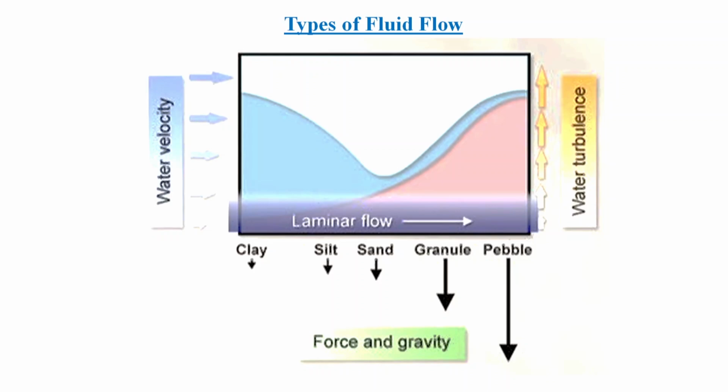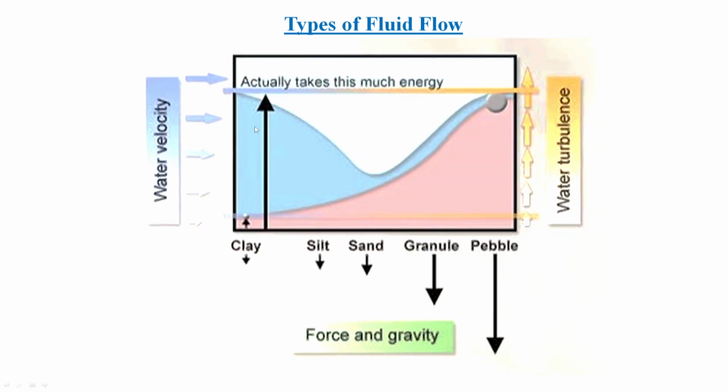It could be only a few millimeters thick, or even 1 millimeter thick, but there has to be always a laminar flow sitting beneath the rest of the turbulent flow of a stream or river. So if I go back to this curve, clay can be uplifted very easily with very little turbulence, but it can't be transported because there is only laminar flow here. So you are not actually getting any kind of turbulence.